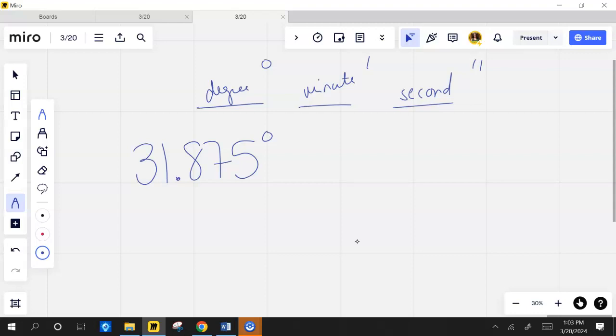So I'm going to take the whole number of degrees off, which is 31 degrees. And I'm going to take the 0.875 and multiply it by 60.